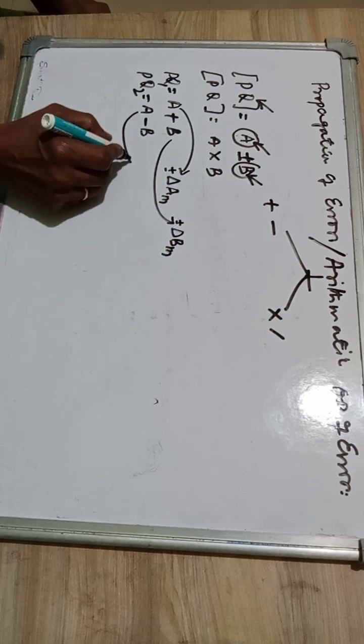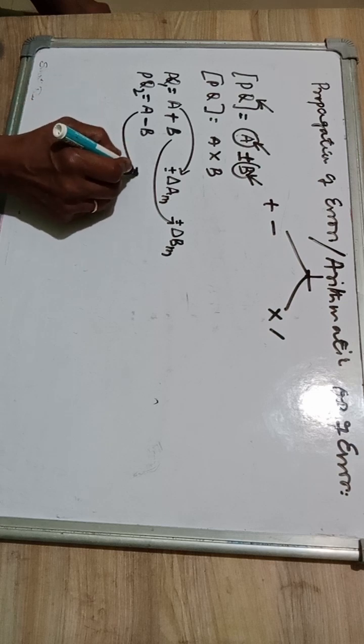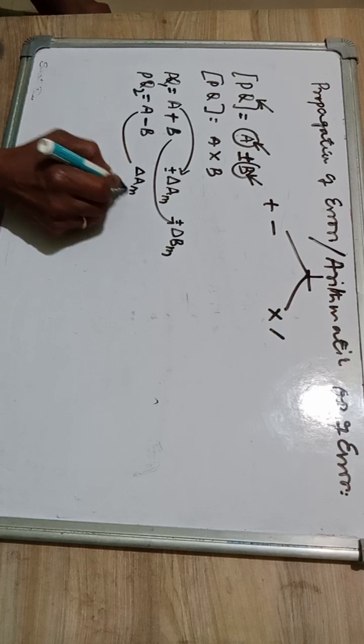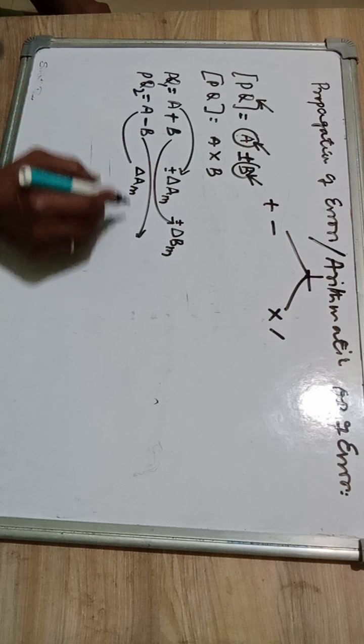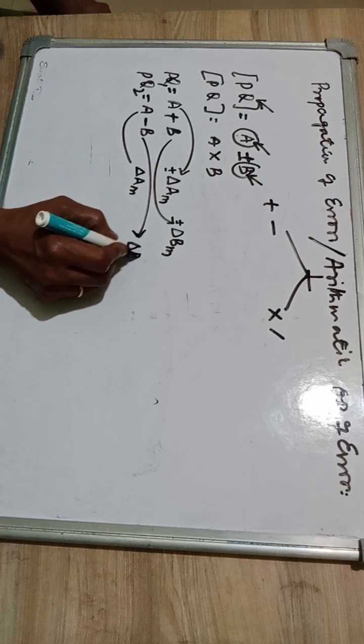Here we say error associated with quantity A is delta A m. Error associated with quantity B is delta B m.